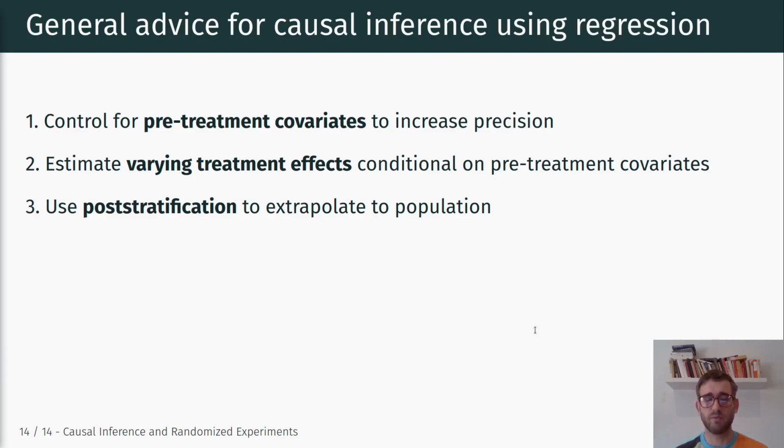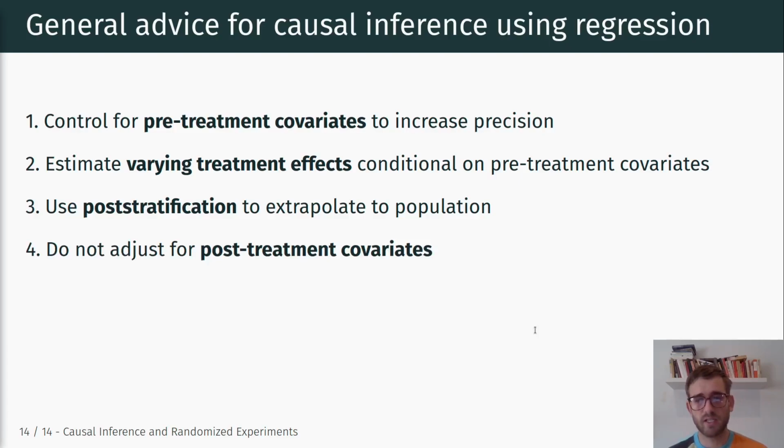In particular, if we include interactions for important social demographics, age, gender, education, and so on, we can use those interactions and those conditional treatment effects to provide estimates for treatment effects in the population based on our linear model estimates.